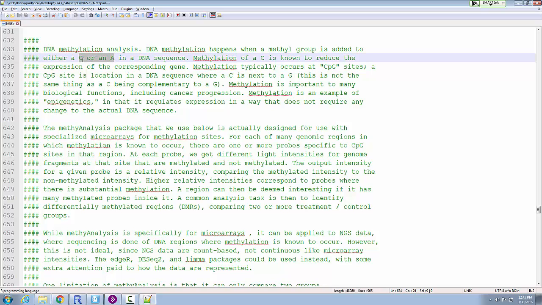So if there was a C at a particular location in the DNA, and there's a little carbon with 3 hydrogens sticking off of it floating around, and for some reason it comes and binds to that C, then methylation has happened at that location. And who cares? You care because that could regulate the expression of the gene or genes that are nearby.